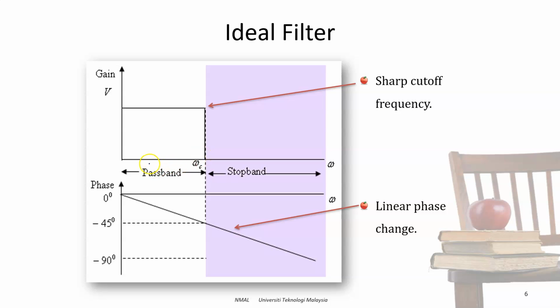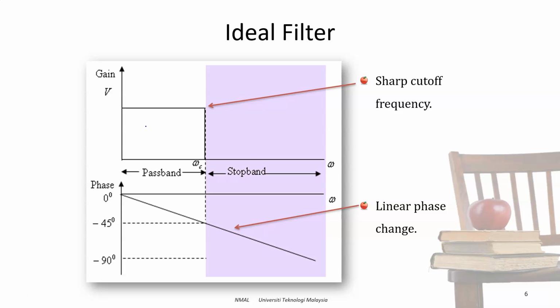Okay, and only frequency between 0 to omega c here can go through this filter, in which we call this range as pass band, and this is stop band. Okay, and here we call it gain of the filter. Okay, it means that how much the signal can be increased in terms of amplitude, or maybe retain the same value as it goes through the filter.